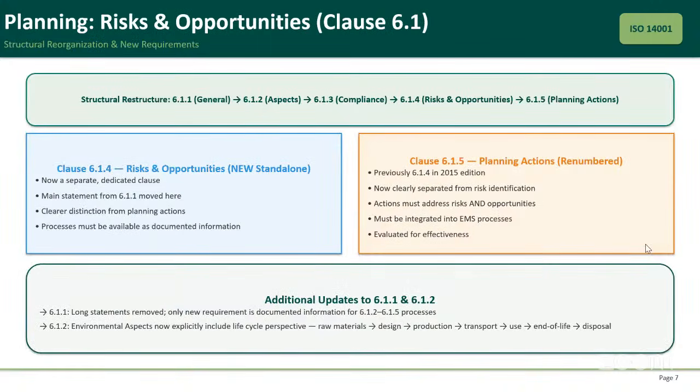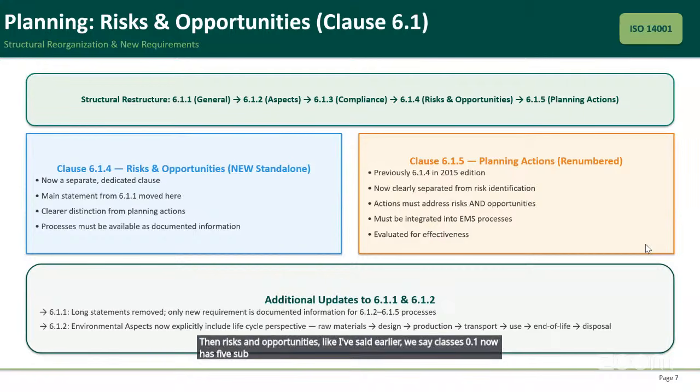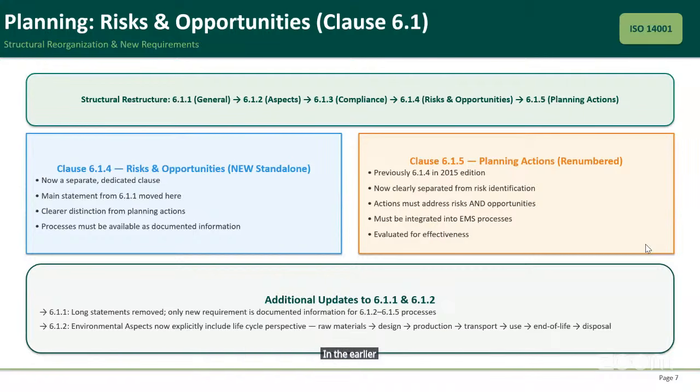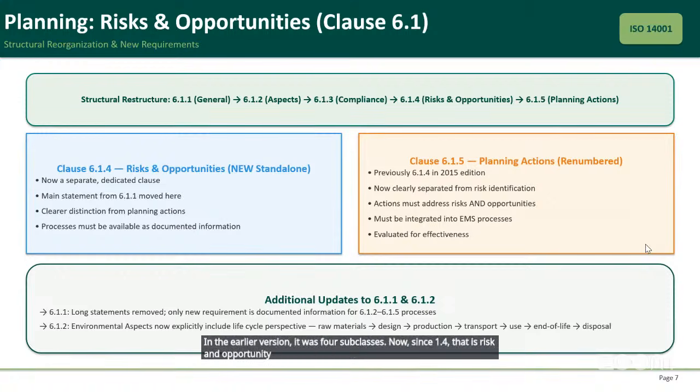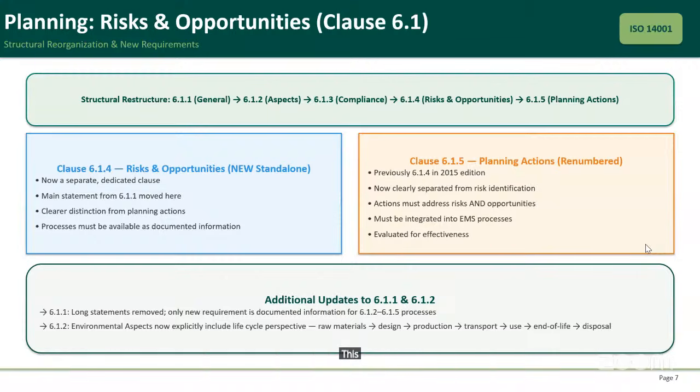Then risks and opportunities. Like I've said earlier, clause 6.1 now has 5 subclauses. In the earlier version, it was four subclauses. Now 6.1.4, risk and opportunity, which is a new subclause, is actually the same content that was in 6.1.1. It's just a rearrangement to focus more on risk and opportunities.